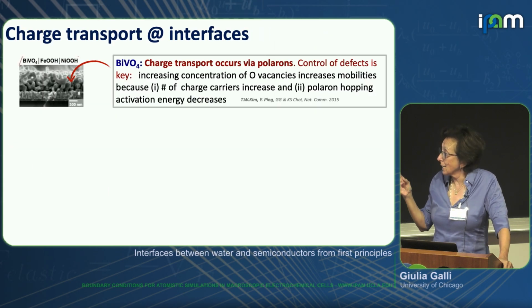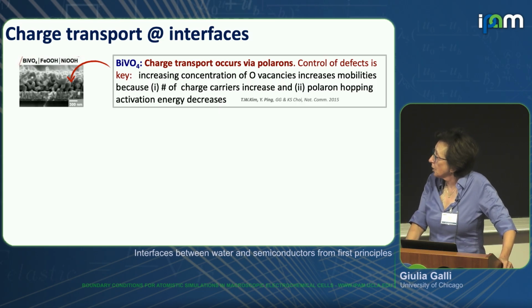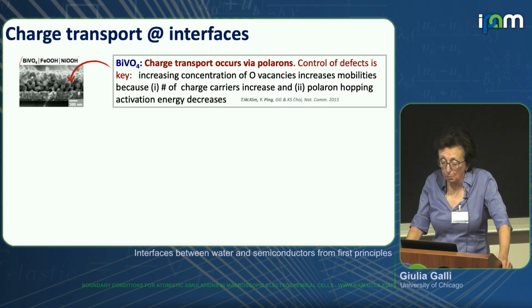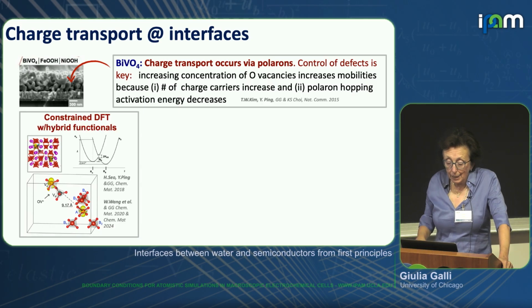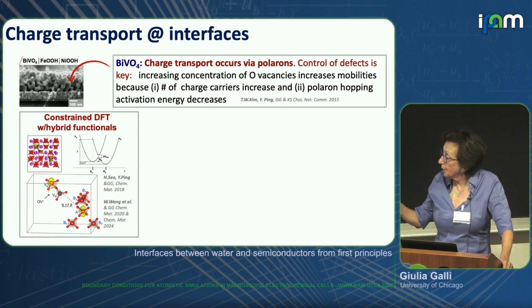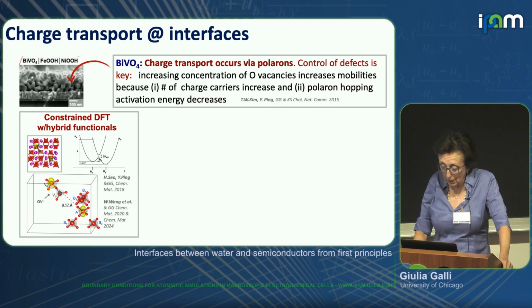Once you understand that you have good band offsets, you need to look at charge transport. Charge transport occurs via polarons, and we started looking at the polaron hopping activation energy in a very, very modeled way 10 years ago. More recently, we did a lot of calculations with constrained DFT with hybrid functionals.